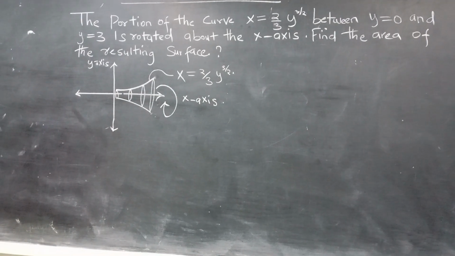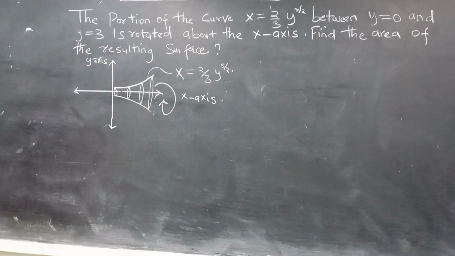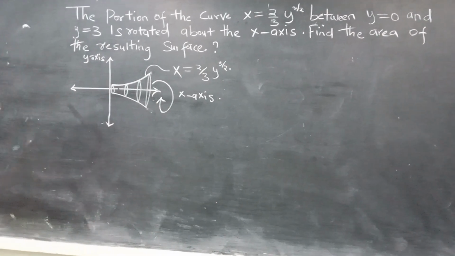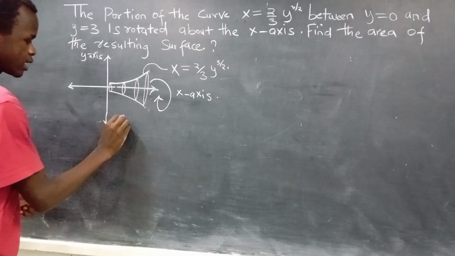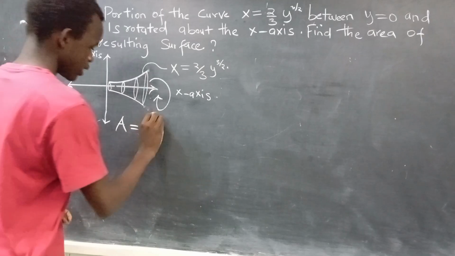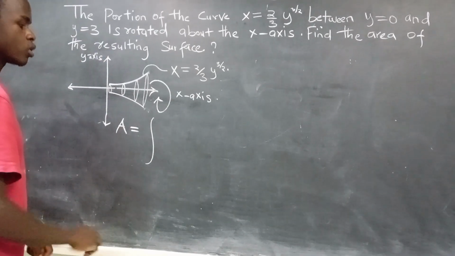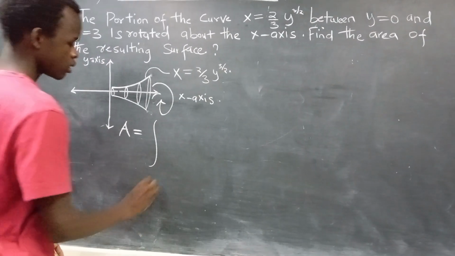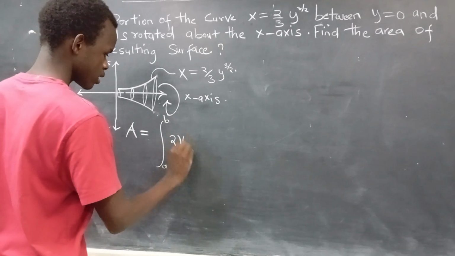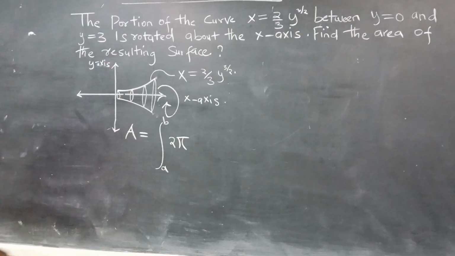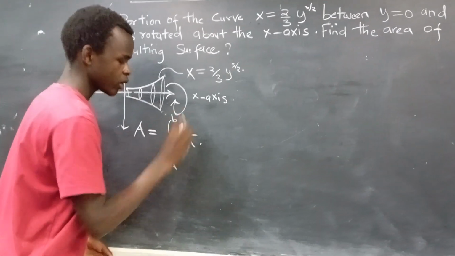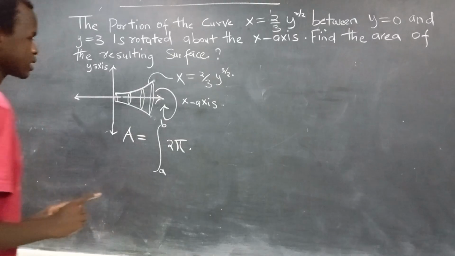So for the formula for areas of surfaces of revolution, we said area equals the integral, placing the bounds from a to b, of 2 pi, then what's our r? Our radius.